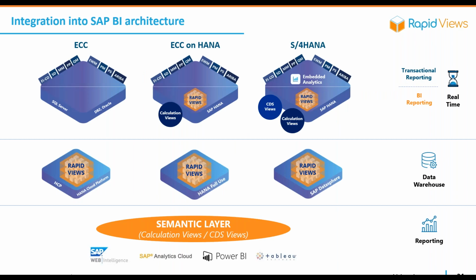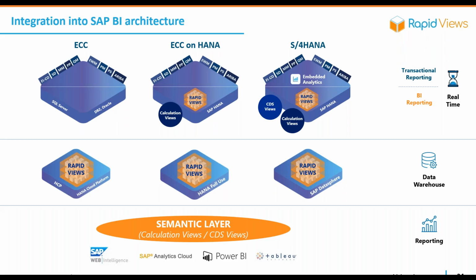This slide shows the architecture where you can install our RapidViews. Our RapidViews are built using HANA technology, right? We only provide our business content in HANA technology. The first layer is the ERP, right? SAP ERP, ECC on HANA and S/4HANA.